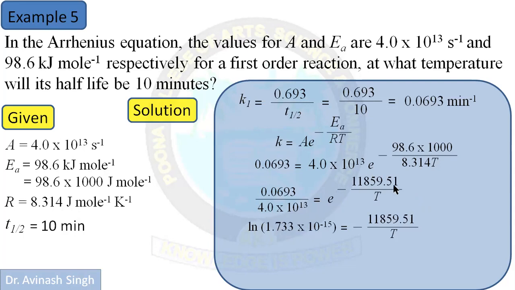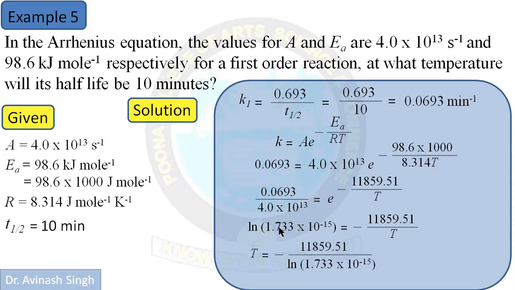This is equal to this value, and I take the log of both sides. So it becomes ln 1.733 into 10 raised to minus 15 is equal to minus 11859.51 divided by T. Solving the log of this, T is equal to minus this value divided by log of this.